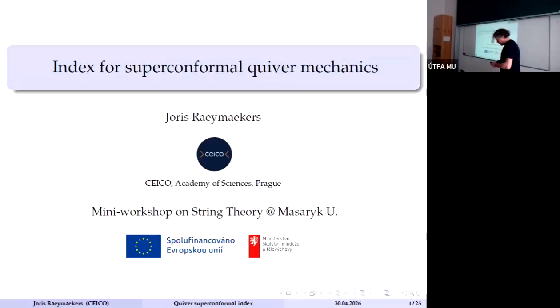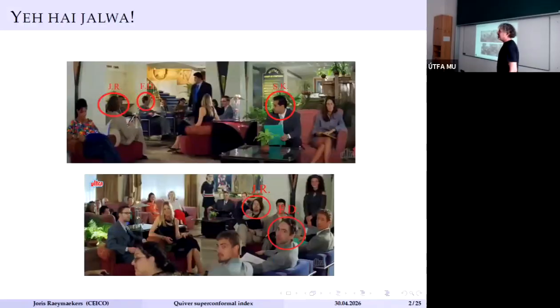The first slide I put was actually meant for a conference in India, but I felt that there are maybe enough Indian people in the audience to leave it on. So 25 years ago, there was the Strings conference in Bombay, and it was an exciting time in physics. But there was also, at that time, shooting going on for a movie called Yeh Jalwa, which means something like magic.